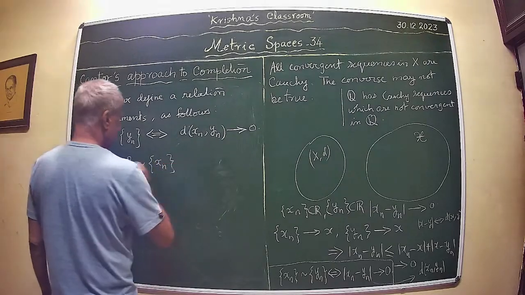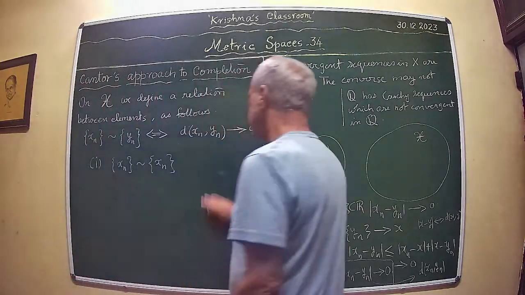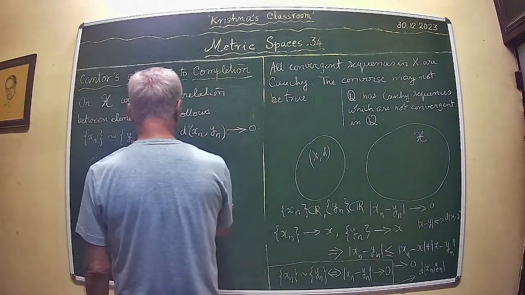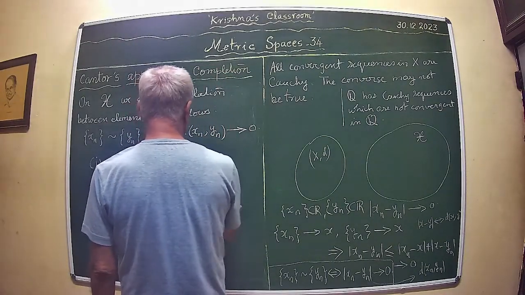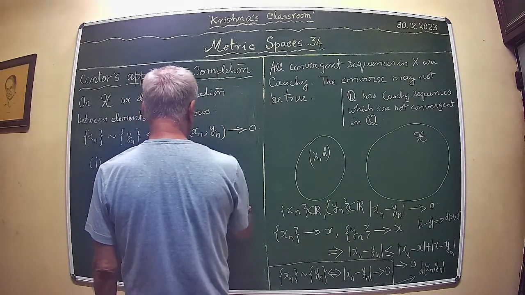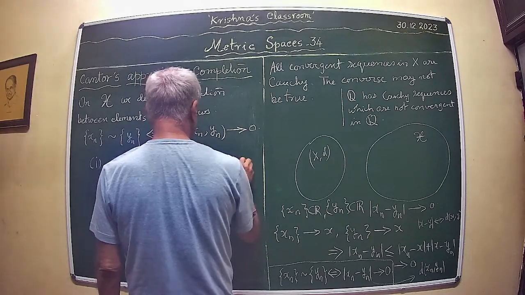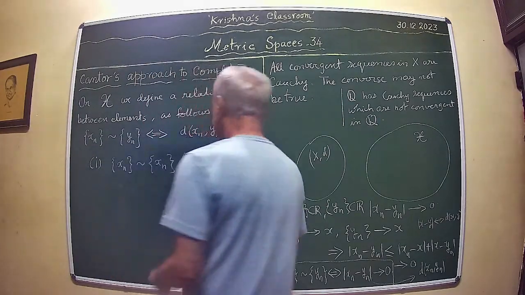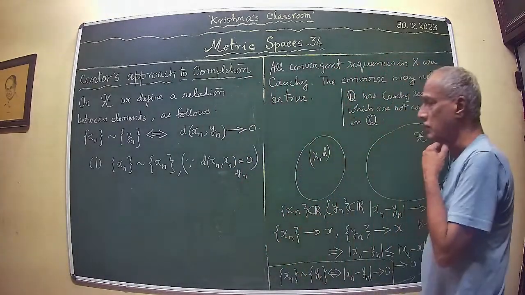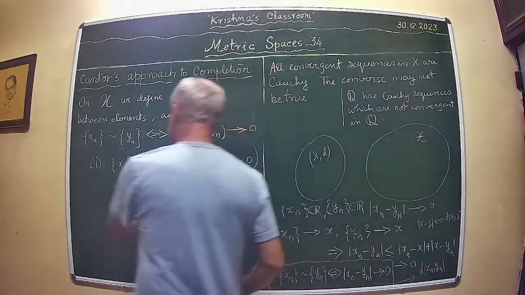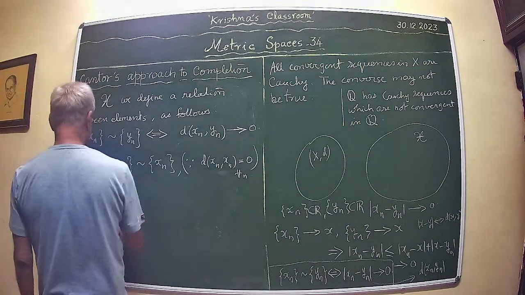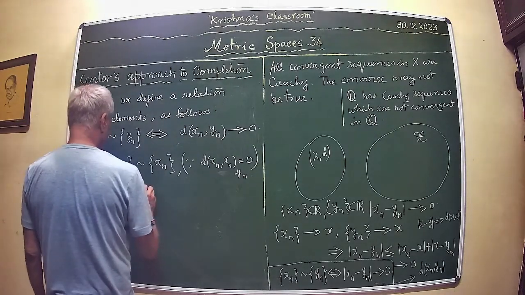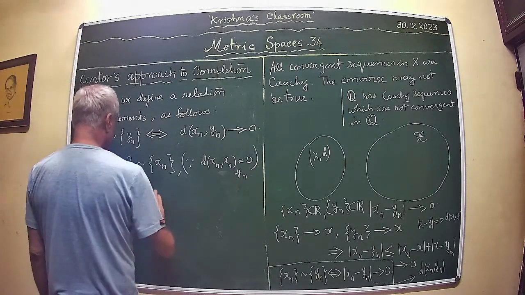Now this is trivial because d(xn, xn) is 0 for every n. So this relation is reflexive.